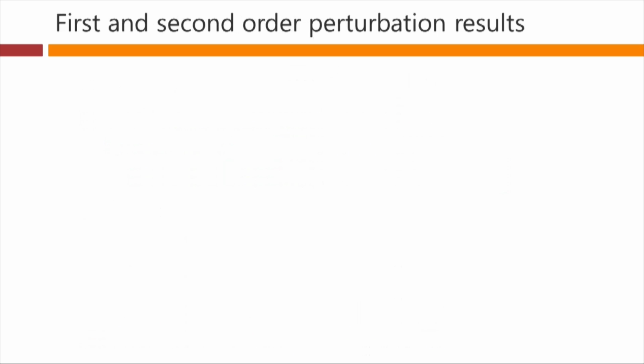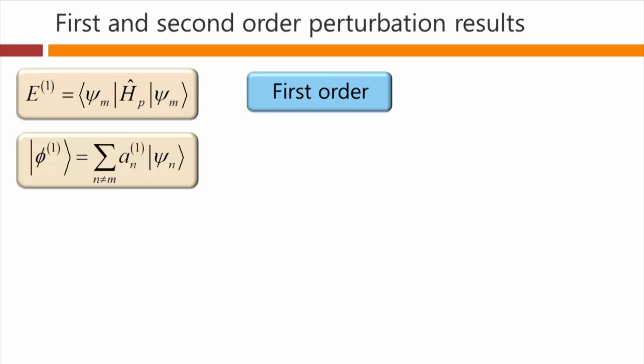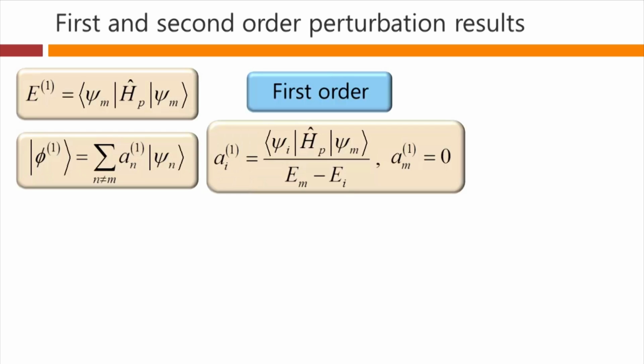So let's summarize our first and second order perturbation results. For first order, we have that the energy correction is given by this expression, and the wave function correction is given by this one, where our expansion coefficients ai1 are as follows, with the exception that am1 is chosen equal to 0.